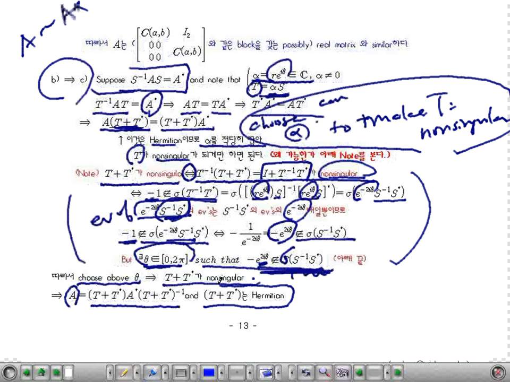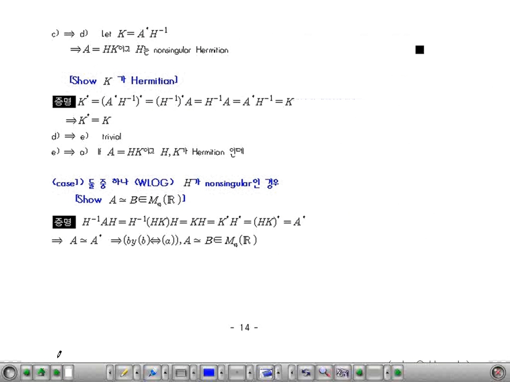And as you know, this T plus T star is Hermitian. Okay, that part is done. A is similar to some matrix H like this. It's a non-singular matrix, so it's similar, with the Hermitian matrix.